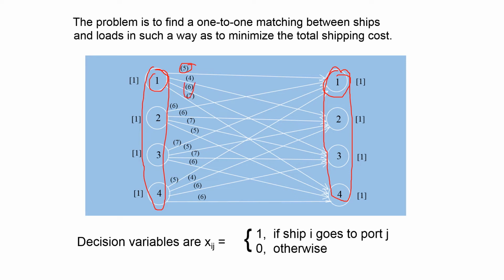The rest of the costs are read that way. The decision variables in this linear programming problem are binary. That means xij is 1 if ship i is assigned to port j and 0 otherwise.